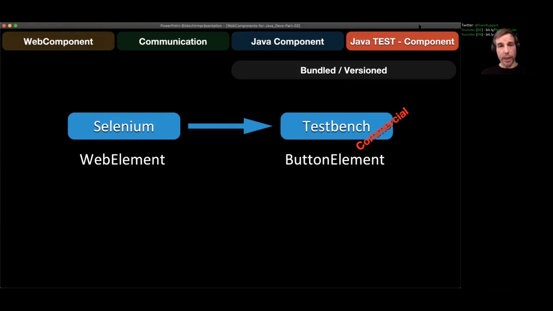What we have on the Selenium side is a web element. That's the basic, the core thing that you need to connect to a browser and do some stuff. And on the TestBench side, what Vaadin has done is extend this web element to typed elements, like a button element, a label element, and in this case, it would be your UI5 badge element.